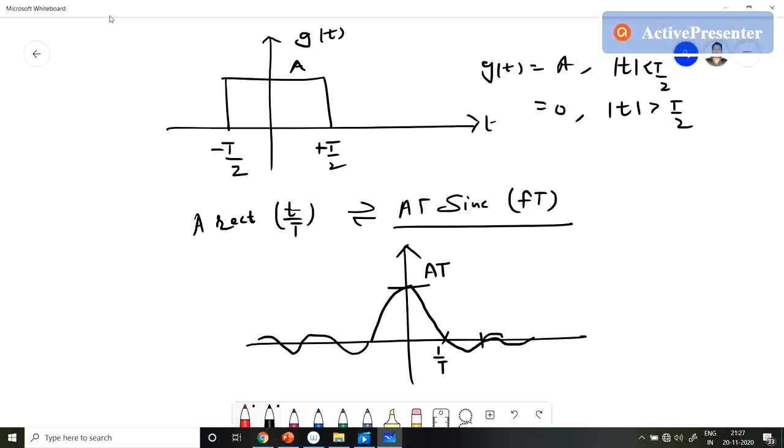This is 1 by T, this is 2 by T, this is 3 by T, this is minus 1 by T, minus 2 by T, minus 3 by T. So these are zero crossings. This is f, the frequency domain. This is the time domain, t.